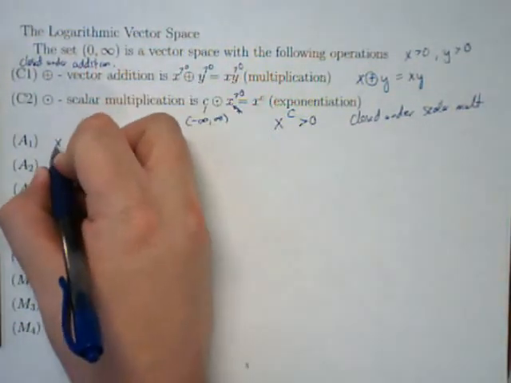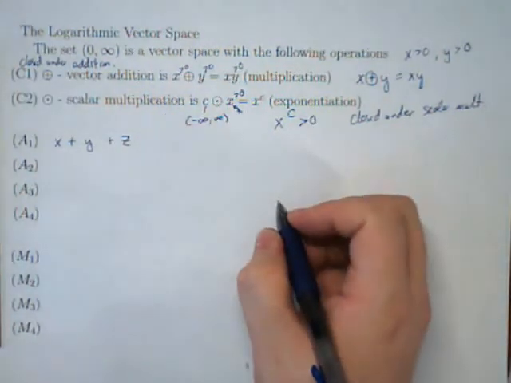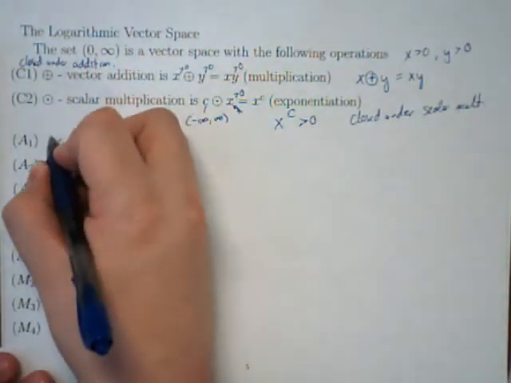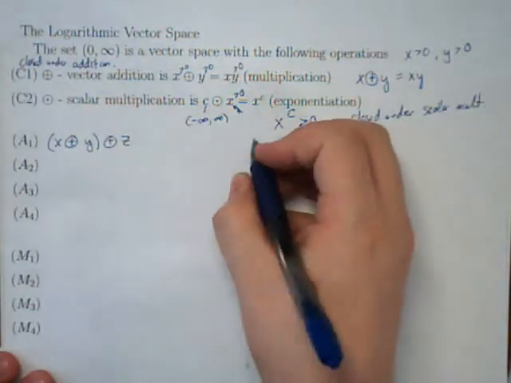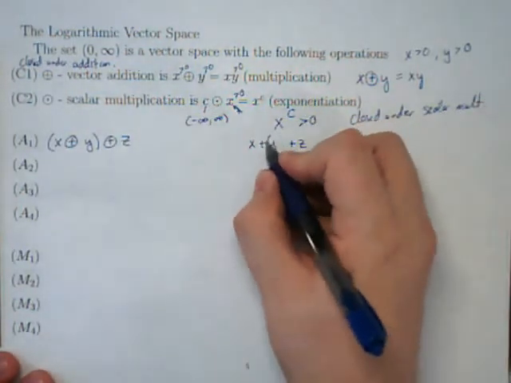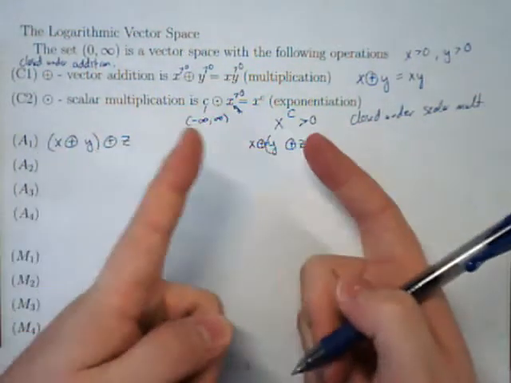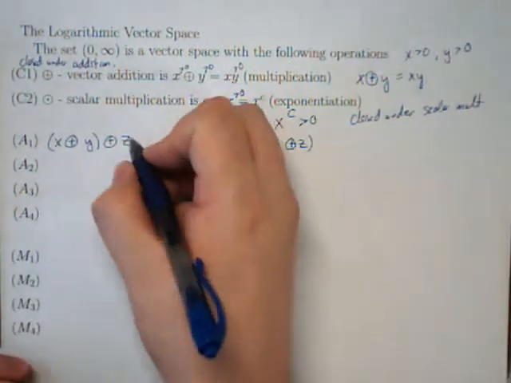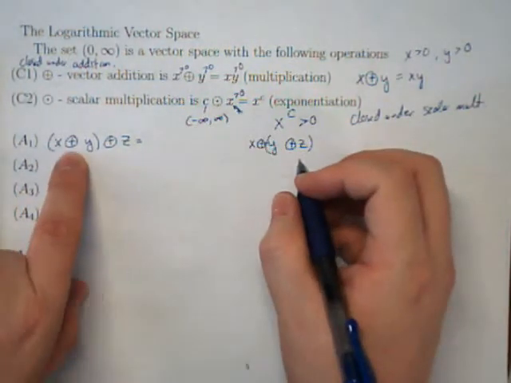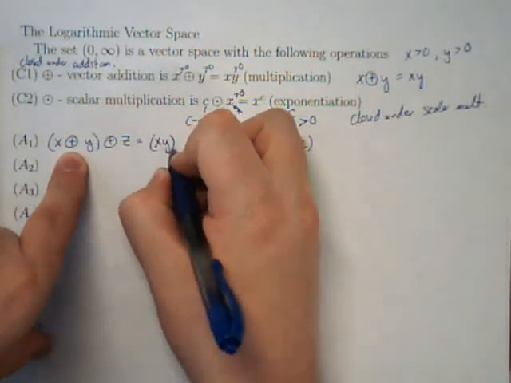First, we're going to take some vectors, in particular 3 vectors. And we need to show that no matter where I put the parentheses, I get the same thing. So I'm going to compute in 2 different ways this sum. I'll put the parentheses on x, y first and then put them on y, z second, and let's see if we get the same thing. Well, remember that the vector addition results in multiplication, so that's just xy.